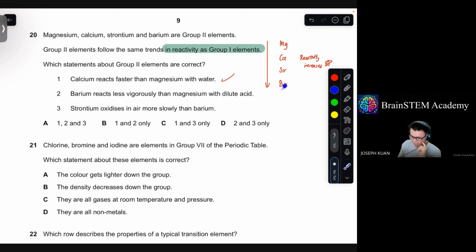So barium should have a higher reactivity, so it should be more vigorous. So 2 is wrong. 3, strontium oxidizes in air more slowly than barium. That is correct. Okay, so strontium is less reactive than barium, so it oxidizes more slowly. So the best answer is C, 1 and 3.